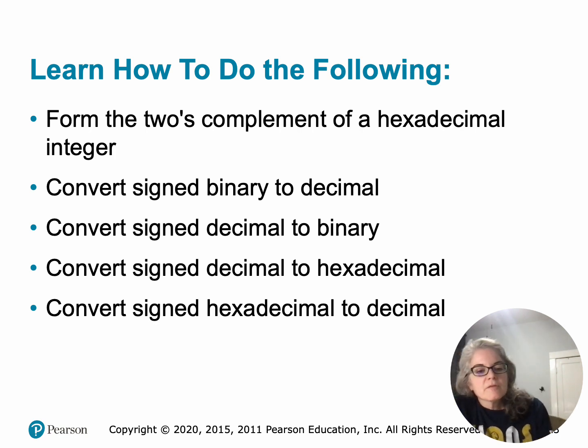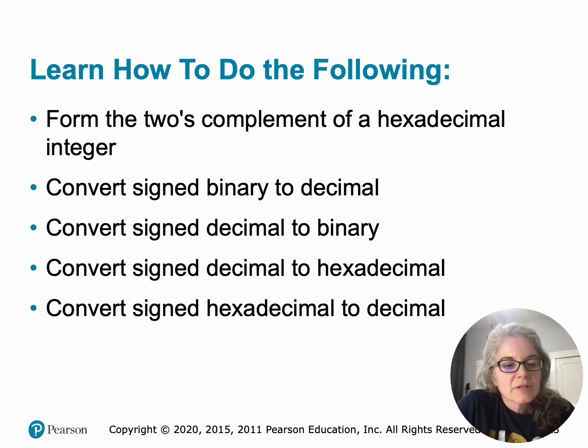So here we're converting, but these are going to be signed numbers, whether binary or decimal, etc. That starts with converting signed binary to decimal, which starts on page 17 and shows how to do each one of those.